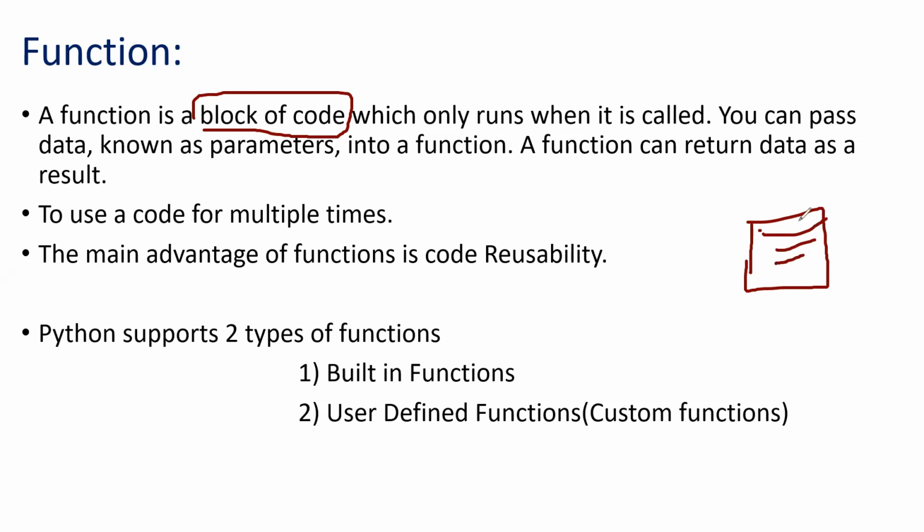You can write anything. Whatever you want to write in Python can be treated as a block of code, and it only runs when it is called. There are two ways to define and call functions; in the next slide, I will explain that. And we can pass parameters, which are nothing but inputs, and return or print will give the output.